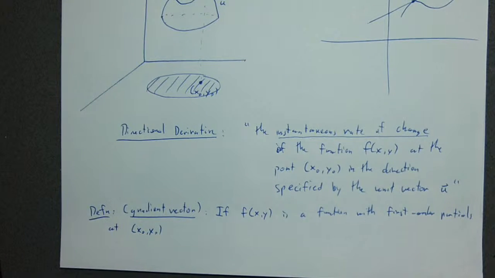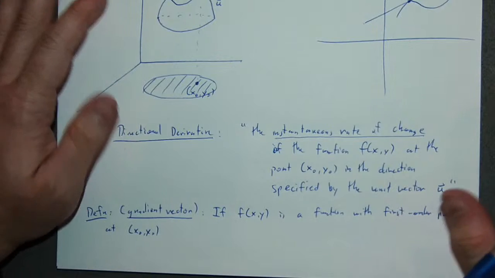It means they exist and they're continuous. So this is at least first order differentiable. Maybe it doesn't have its second order partials, but it's got its first order partials.